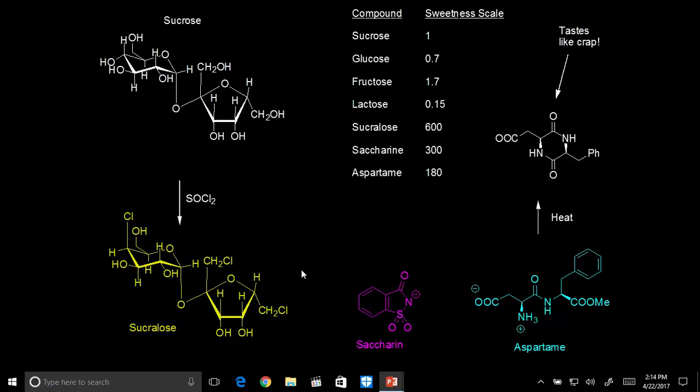All right, the oldest of the artificial sweeteners is saccharin, and this comes from back in the era of the 19th century when chemists would make a new compound. You'd see its boiling point, its melting point, its color, its refractive index, and another property you would see there is its taste.